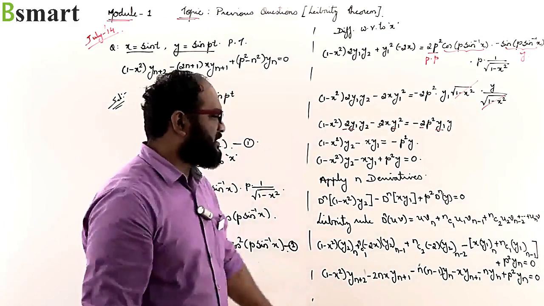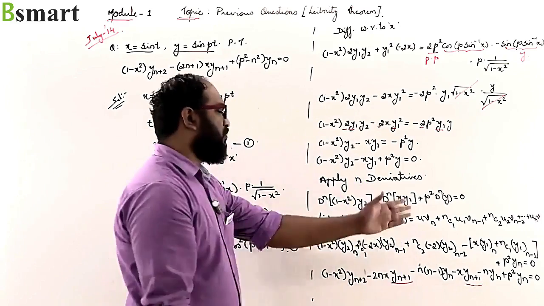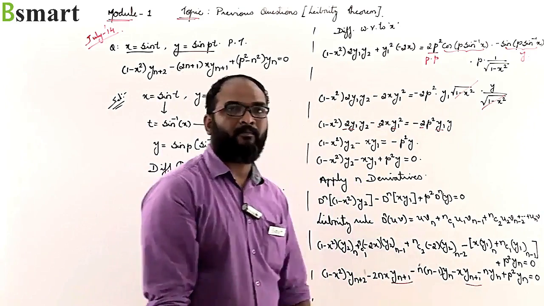Now we'll segregate the terms, writing all the yn terms separately and the y_(n+1) terms separately.